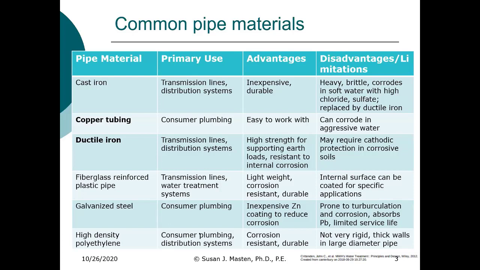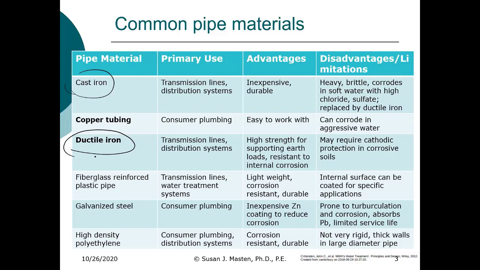It also varies significantly based on size. In Flint, much of the old water mains were cast iron, and you'll see that in many locations. These are inexpensive, they're durable. They're being replaced now with ductile iron.